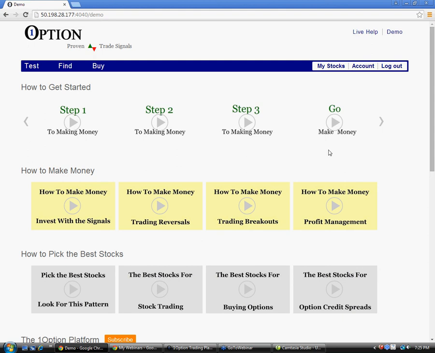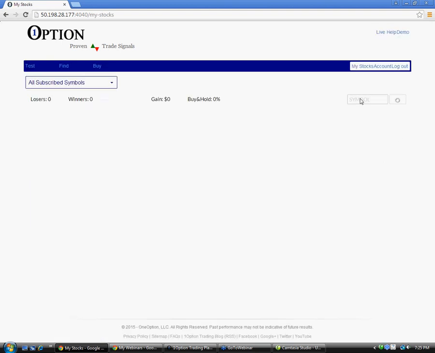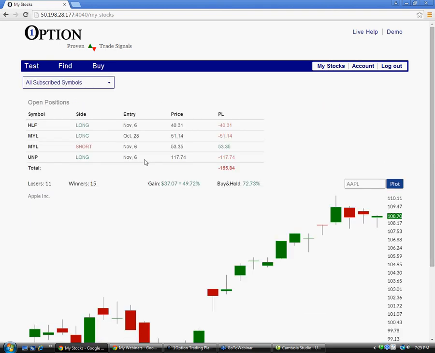One thing I didn't mention is that in this My Stocks area, these are all end of day quotes. The trades themselves will be real time, and the trade alerts come out at 9:30 Central Time, 1 hour after the open. So the new entries and new exits will be real. They'll get posted an hour after the open.